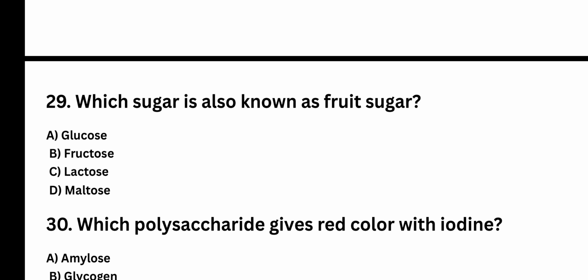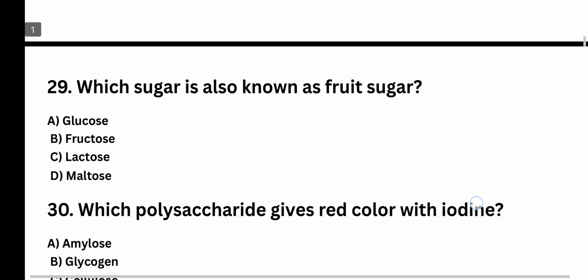Which sugar is also known as fruit sugar? So the options are glucose, fructose, lactose, maltose. So among this, which sugar is also known as fruit sugar? It's none other than option B, fructose.